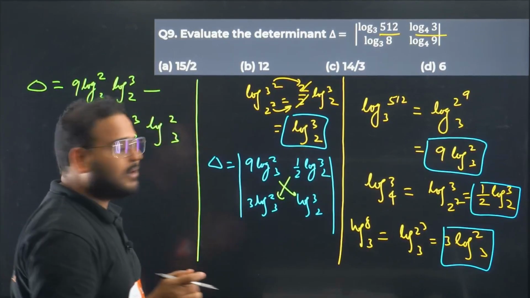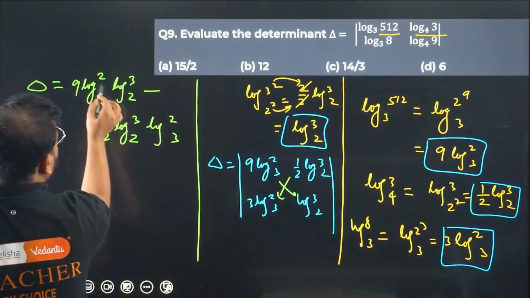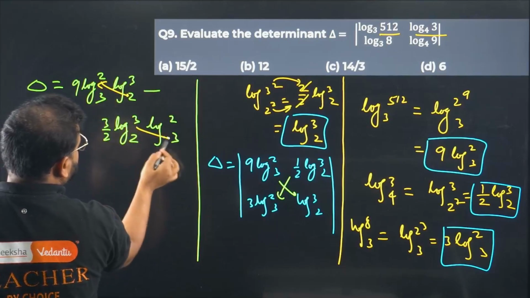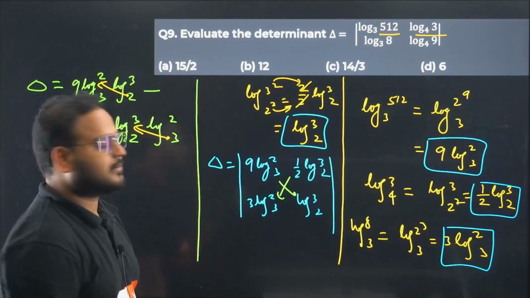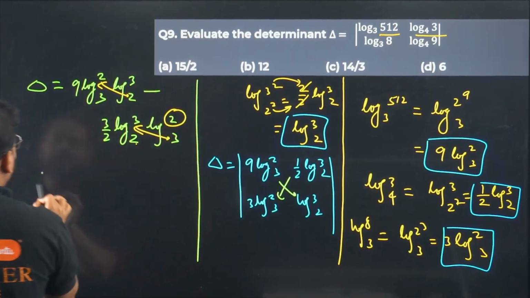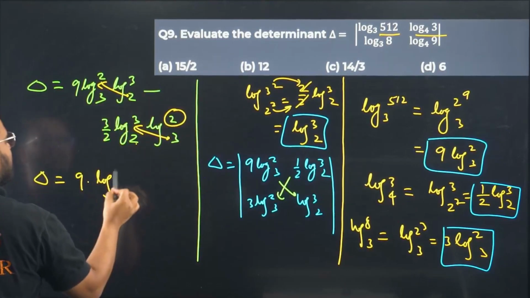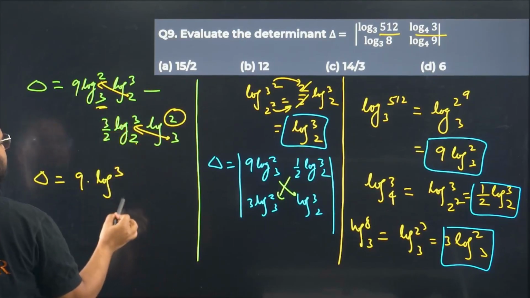There's a property, remember: whenever you have this 2 common and this 3 common, the answer will be simply log of this with the base of this number. So my determinant is going to be 9 log of the first term 3 with the base of the first one, 3.